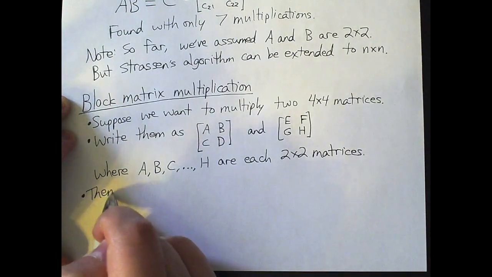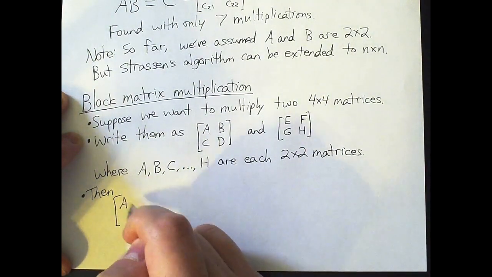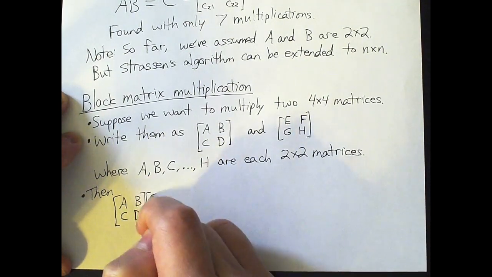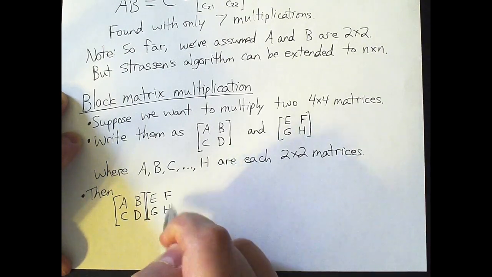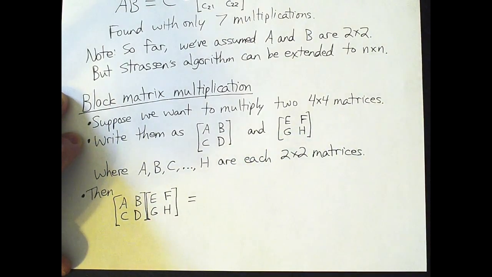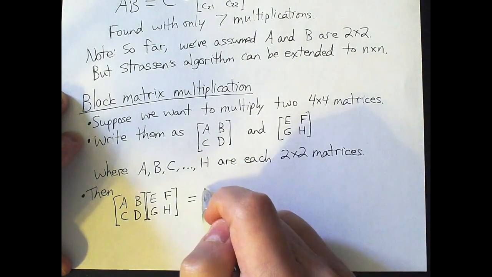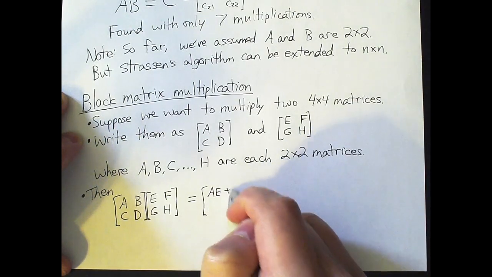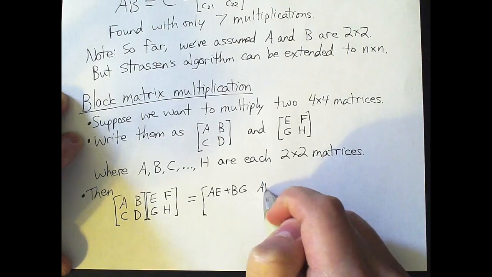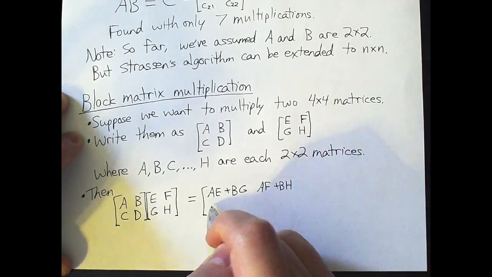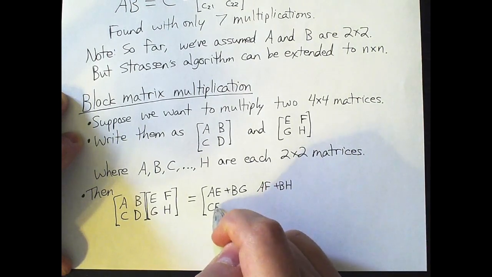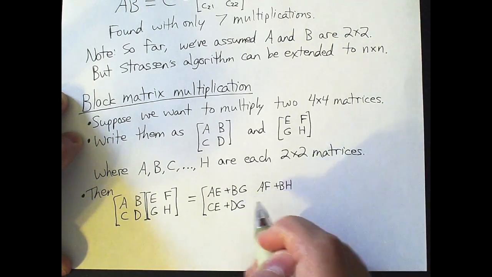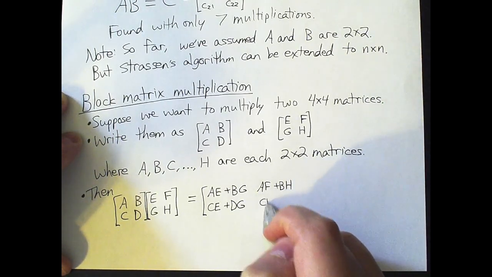Well, if you do this, and then you want to multiply the 4 by 4 matrices, it turns out that you can actually multiply the blocks like the way that we would usually do matrix multiplication, you know, AE plus BG, AF plus BH, and so on, except instead of these things being real numbers, these things that we're multiplying are each 2 by 2 matrices.